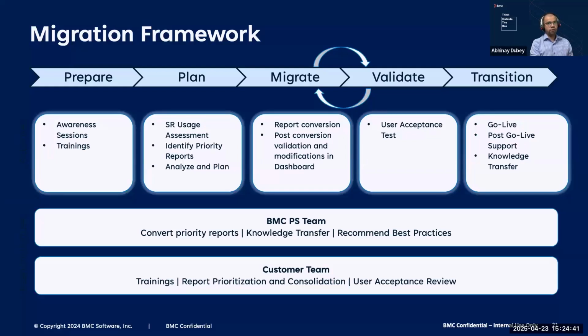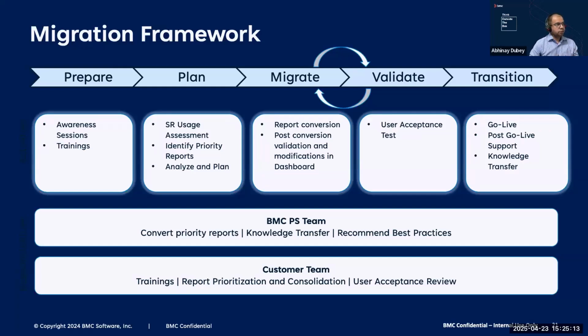So once you have enough background knowledge and information, we can now move to the planning phase. And this is where we want to get into more detail on how specifically you are using smart reporting, how your organization is using it. So what kind of features you're using, what is the extent of usage, all those metrics. And like I said, we'll talk in a little more detail about this assessment, how we can do it.